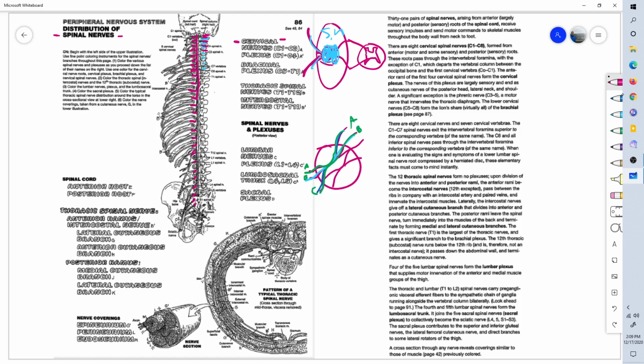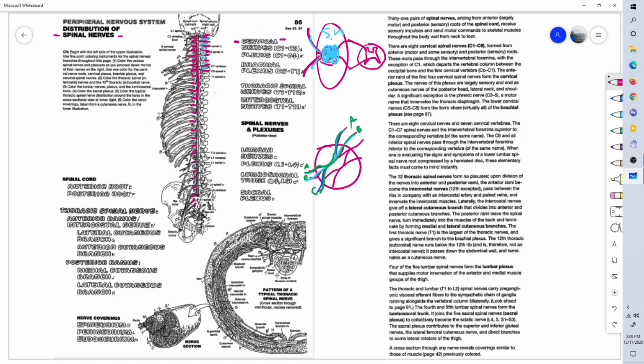So one above C1, one between C1 and C2, between C2 and C3, and then between C3 and C4, and then between C4 and C5, and then one between C5 and C6, and one between C6 and C7, and then one between C7 and actually T1, it's called.